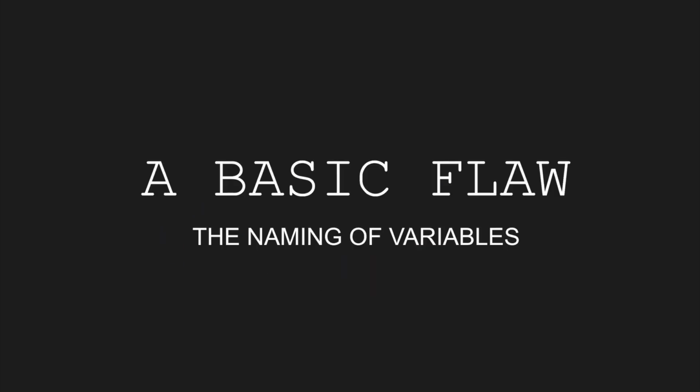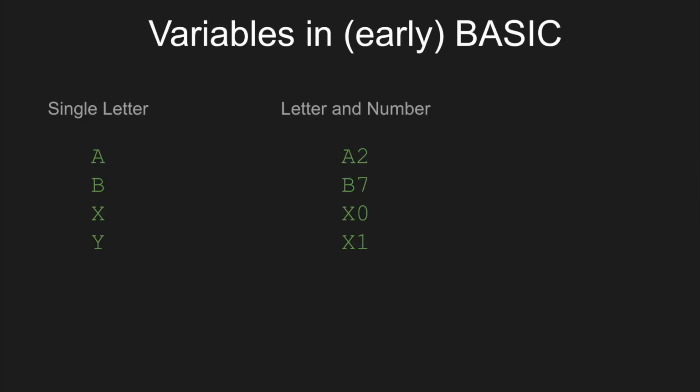One area where many BASICs did, and some still do, create the grounds for poor programming skills was in the limitation on variable names. The original Dartmouth BASIC allowed variable names of a single letter or a single letter followed by a digit from 0 to 9. Many BASICs on the 8-bit personal computers of the 80s allowed for variable names of 2 letters, but that was it.